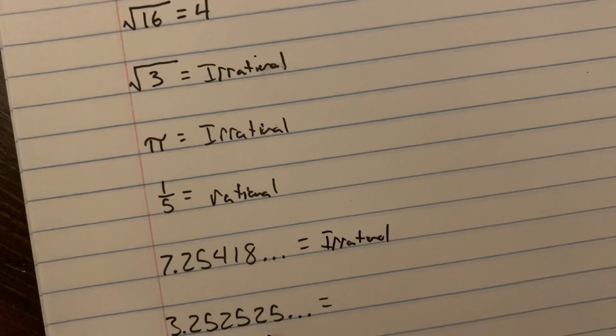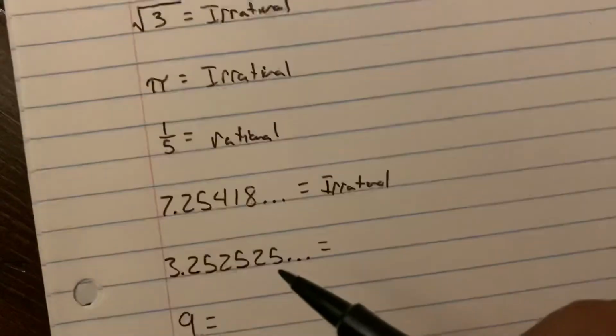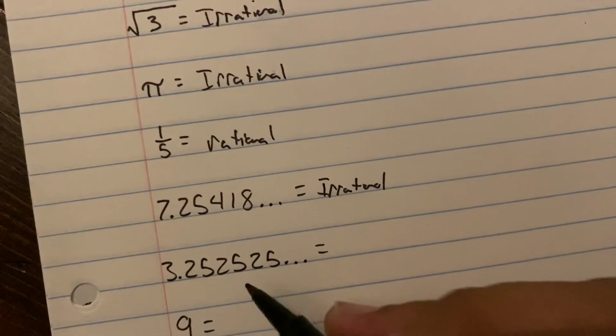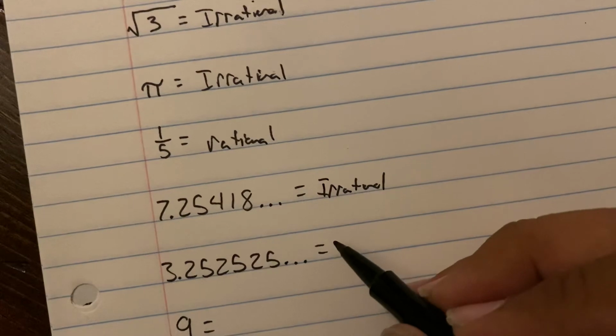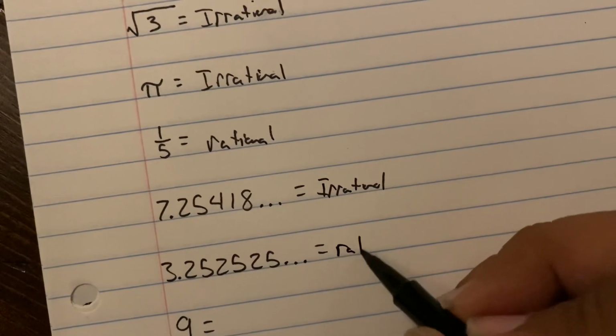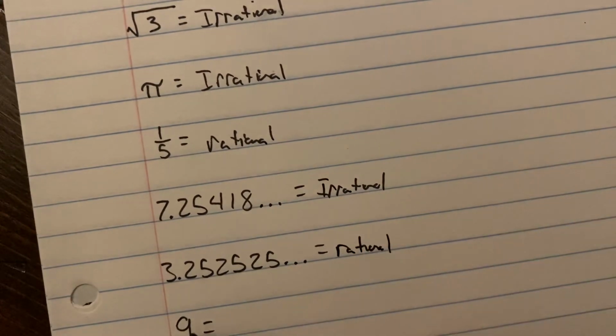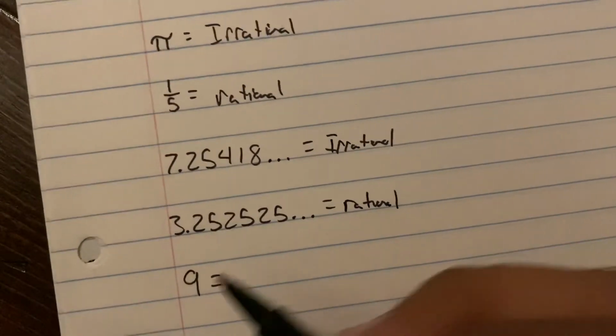Okay? This one is rational because it's 3.252525. It's a repeating 25. And I proved in the last section that you can totally make this into a fraction. So this is rational. Okay, and the number here, 9, that's a whole number, so that's also rational.